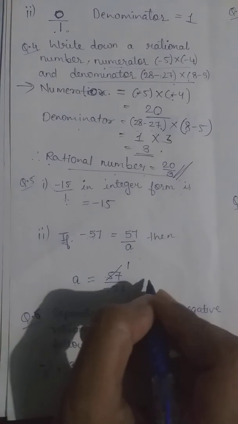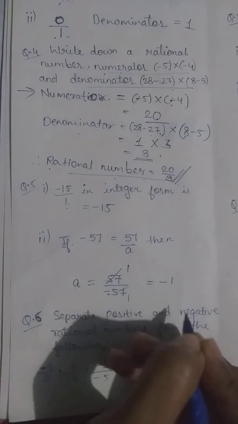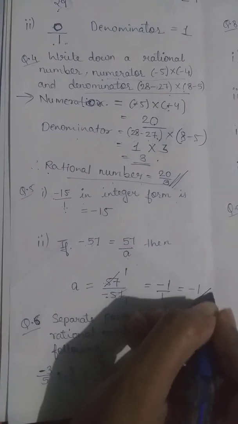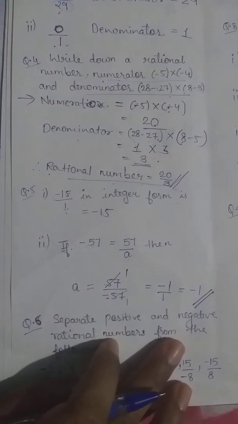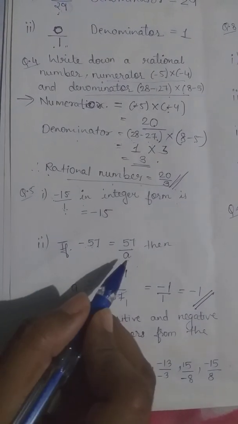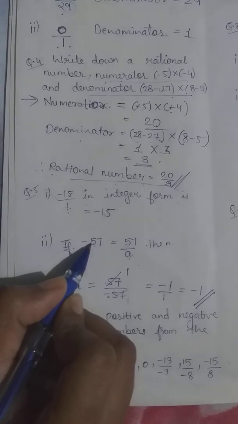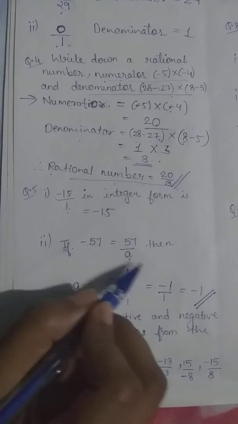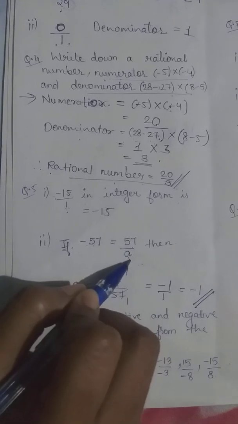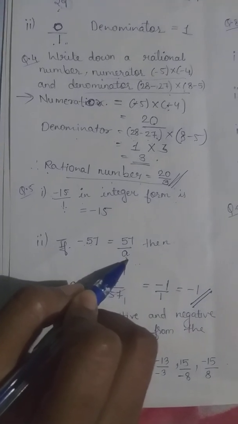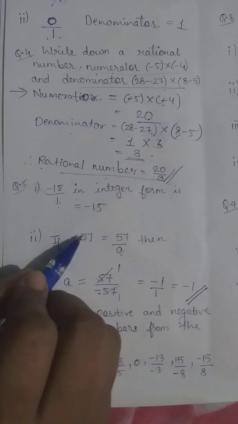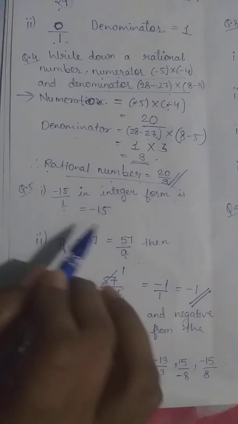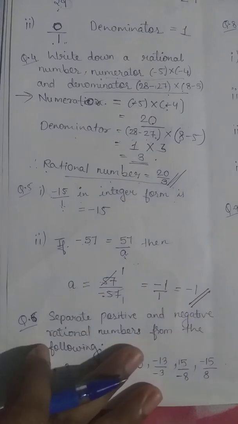In the standard form, I will write this 1 up here. So 1 upon 1, so here minus 1 is the answer. Okay. So I have taken the A variable this side and the constant that side. Variable one side and constant one side, that is alphabet one side and numeral one side.